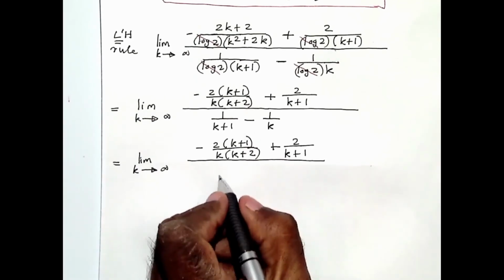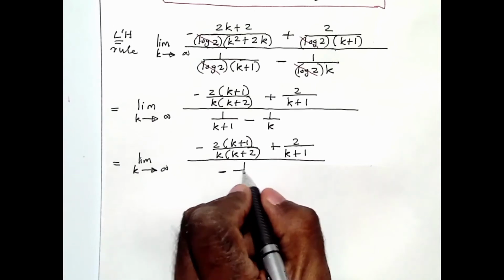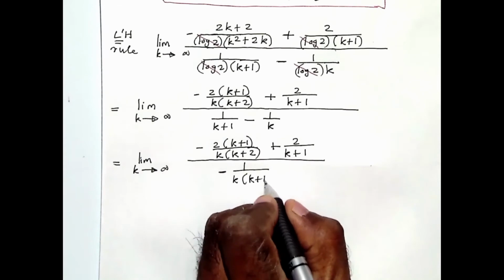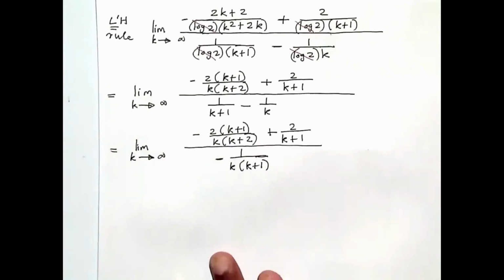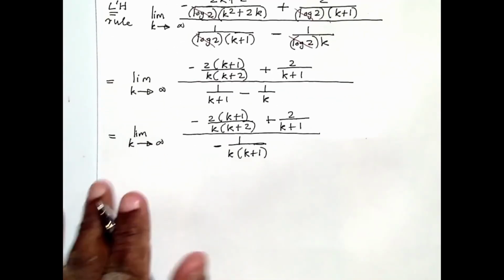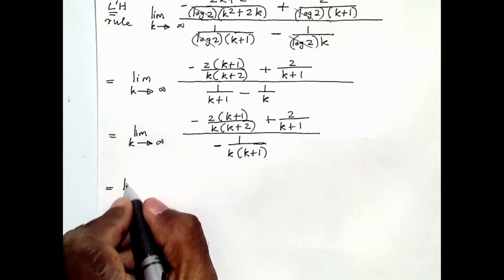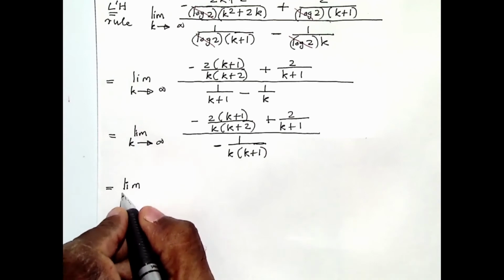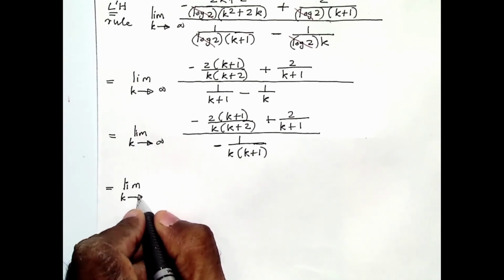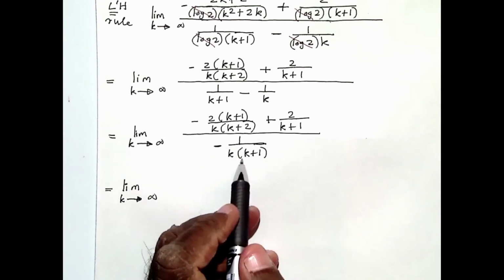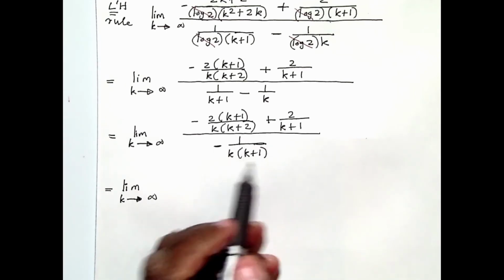This minus this is minus of 1 divided by k times k plus 1, right? Okay, so dividing by this is the same as multiplying the top by this, all right?